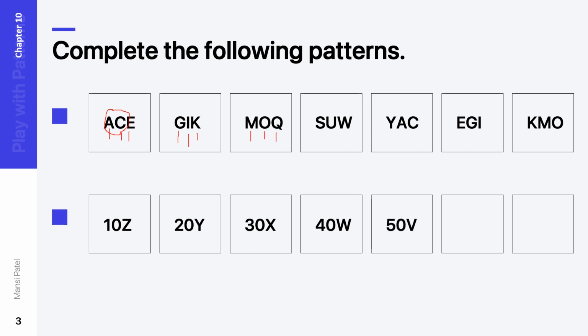After that 60. What comes before V? It's a U. So 60U. After 60 it's a 70. And what comes before U? It's a T. So 70T.